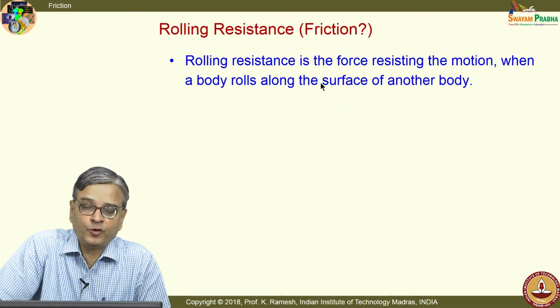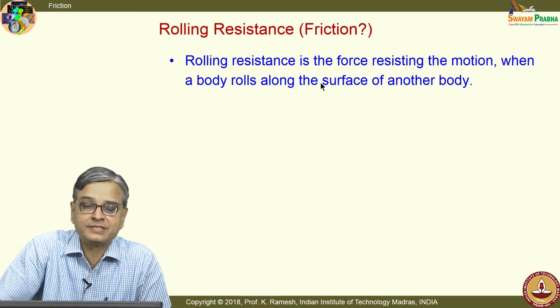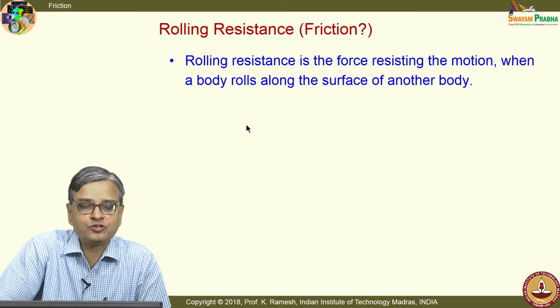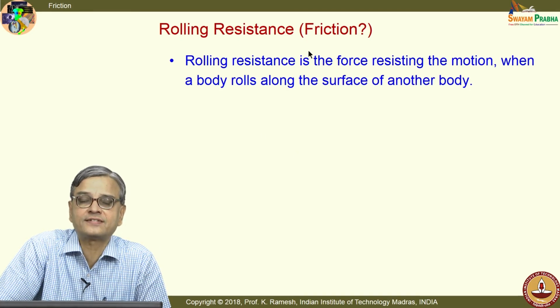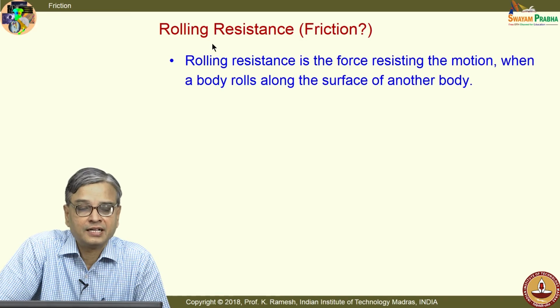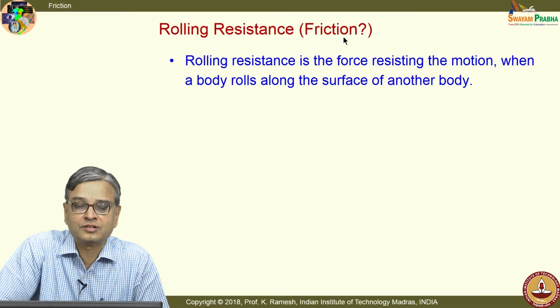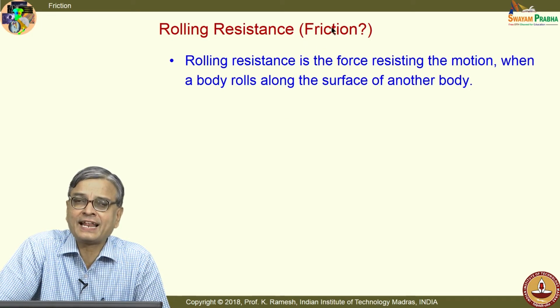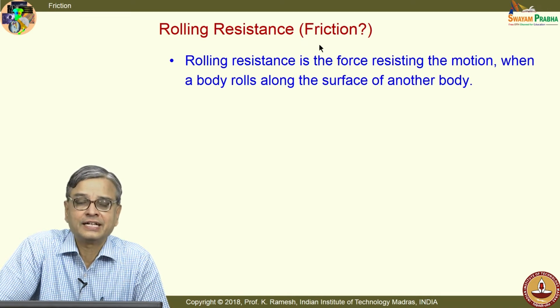And before we move on to solving problems dealing with dry or Coulomb friction, we will also have a peep into what is rolling resistance. It is always labeled as rolling resistance, and you can also call it rolling friction, it is debatable. It is only an analogy, fine. Rolling resistance is the force resisting the motion when a body rolls along the surface of another body.